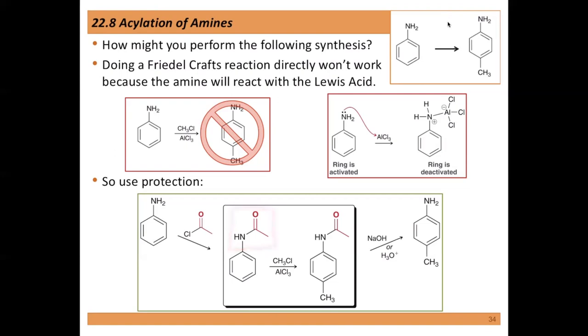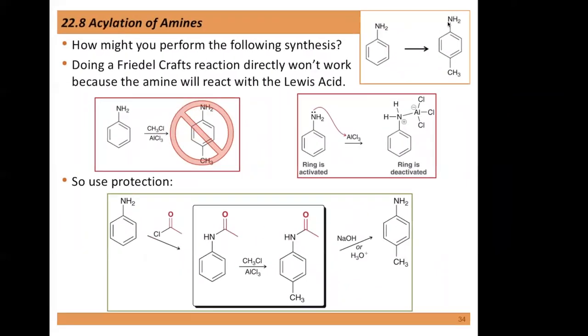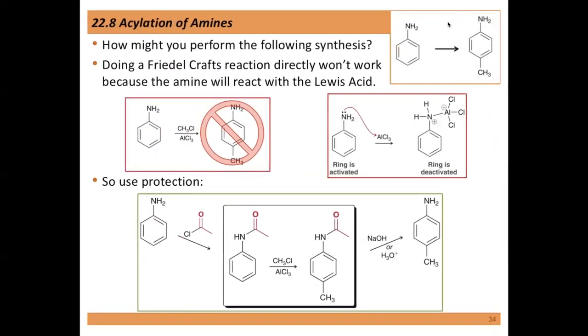And we've also protected our nitrogen. So no longer will it react with the Lewis acid catalyst in here, and we can actually do an electrophilic aromatic substitution. In short, the electrons would come out and grab the positive of that CH3 and then would re-aromatize.